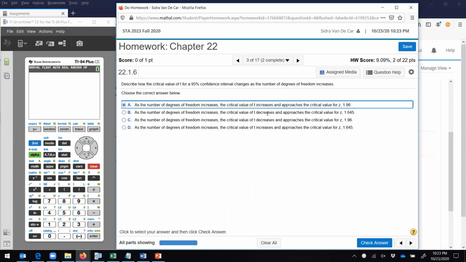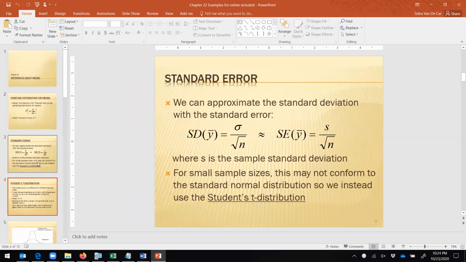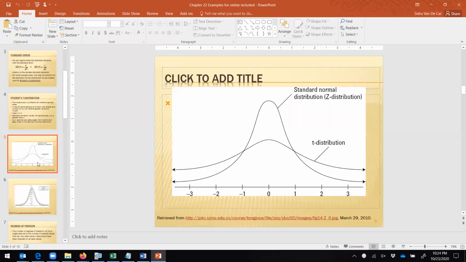Okay, wait, so for a 95% confidence interval, okay, let me show you the curve here. There we go. So there's our t distribution. So now notice if 95's in here, right?